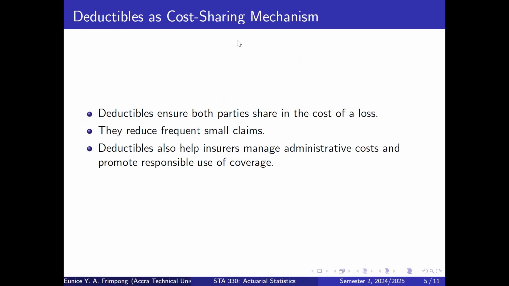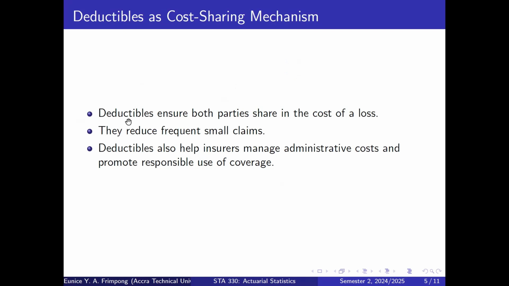Now, why do deductibles matter? Deductibles play a cost-sharing role in insurance. They help in the following ways. One, they make sure both parties, the insured and the insurer, share in the financial burden.